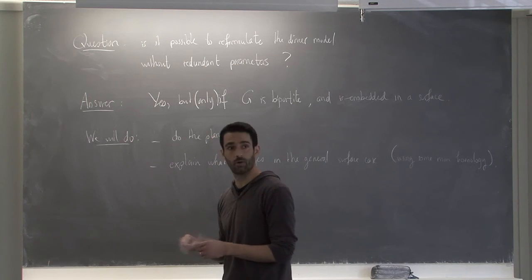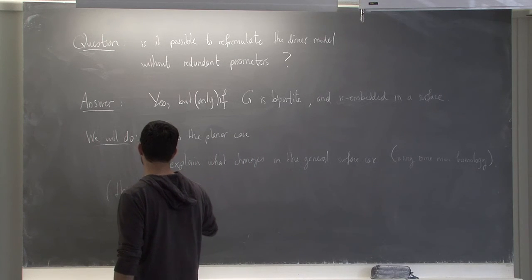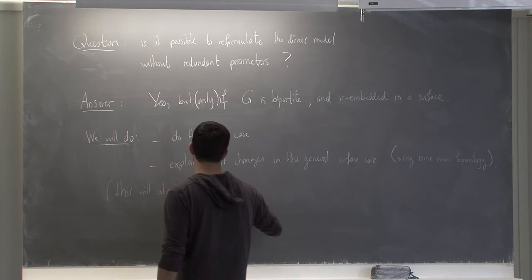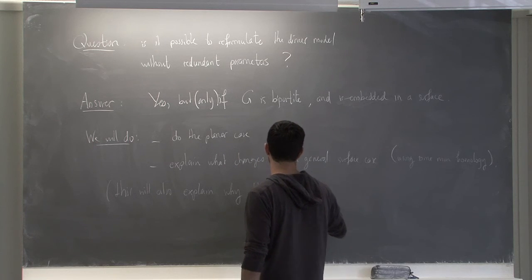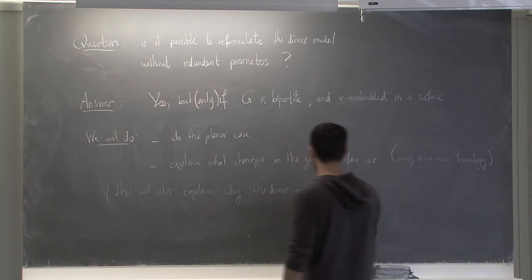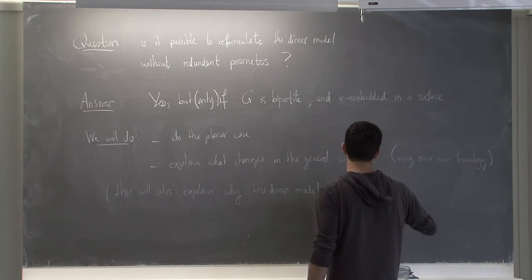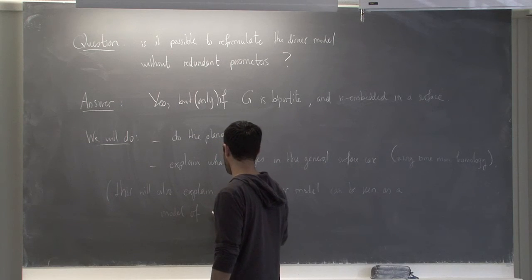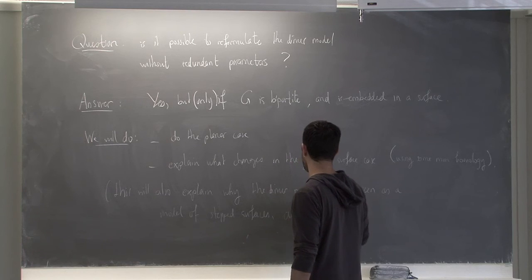So this will also clarify this view, and explain why the Dimer model can be seen as a model of random stepped surfaces, as stated in the introduction.